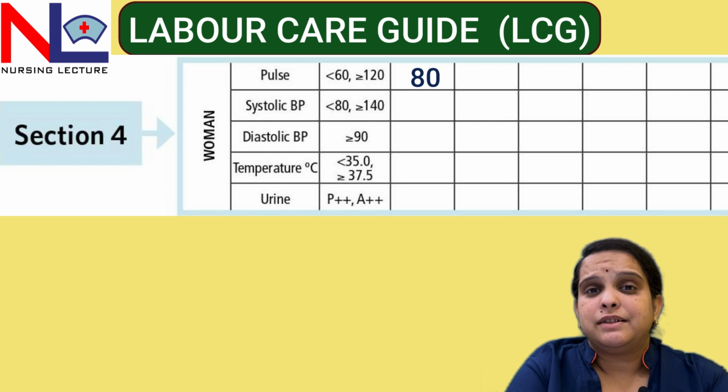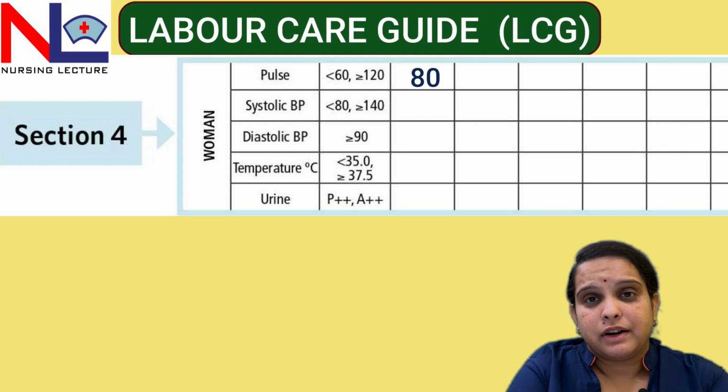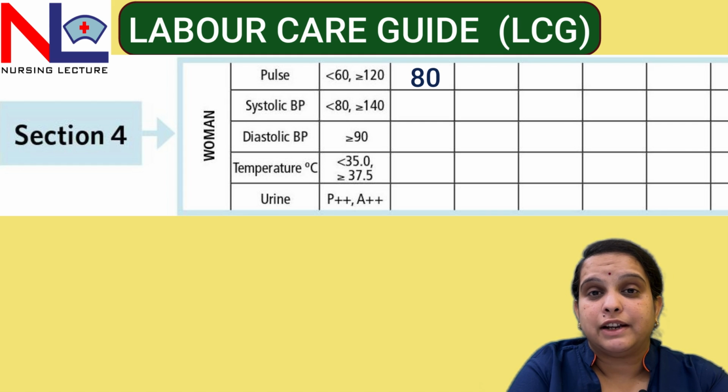So by the pulse rate we can identify some risk factors. We have to record for at least 1 minute, and here in a numerical way we have to write the pulse rate per minute, beats per minute.